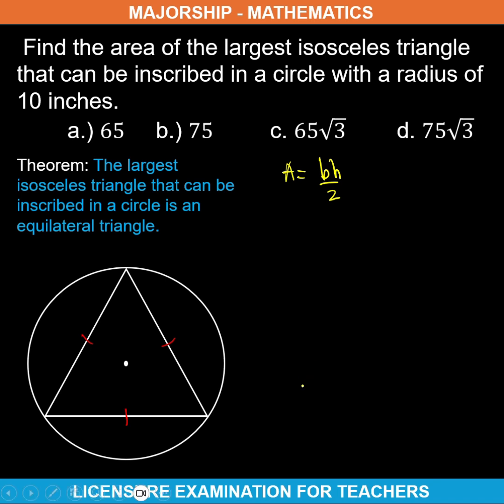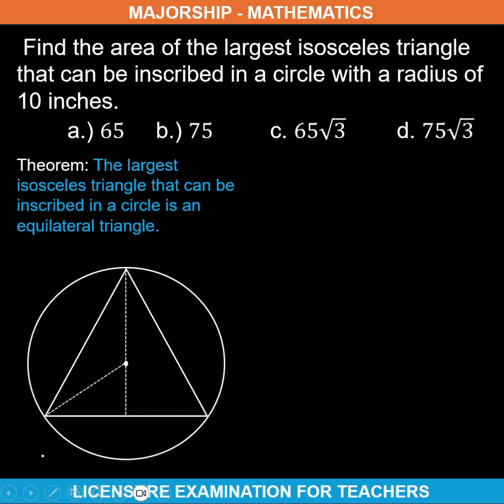So this implies na dapat alam natin yung base and then yung height ng triangle para ma-solve yung area niya. So we have to solve for the base and the height of this triangle. Let us try to solve for the base first. So hanapin muna natin yung base.